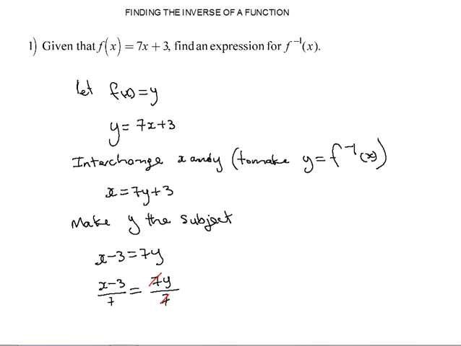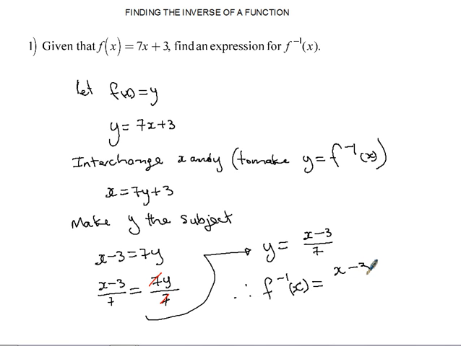So y is equal to x minus 3 over 7. So therefore, the inverse, f inverse of x, is equal to x minus 3 over 7.